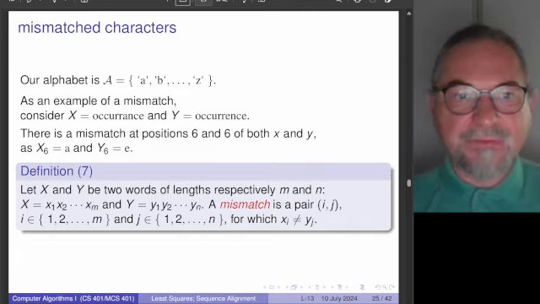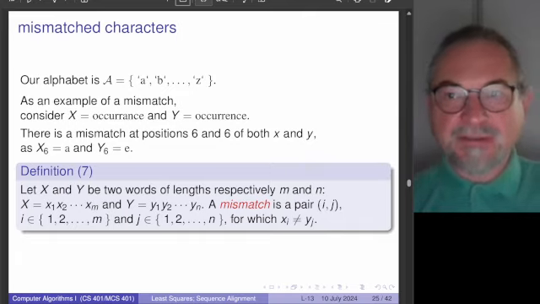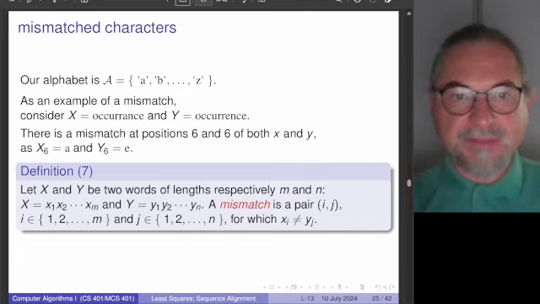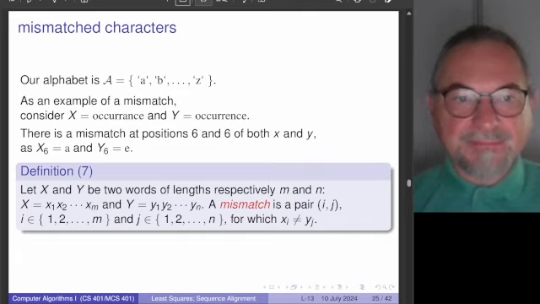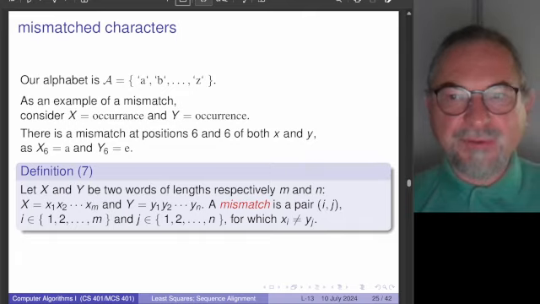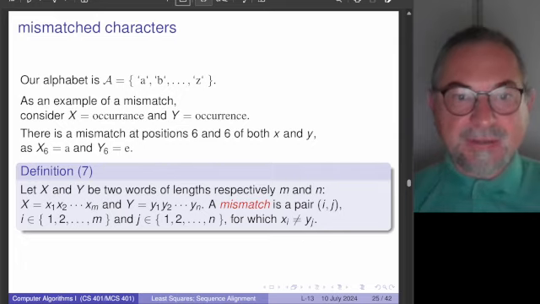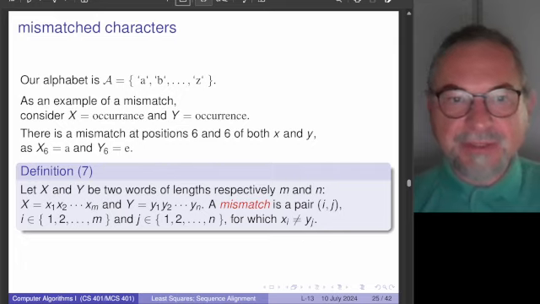Here you see a first example: occurrence, spelled with an E after the R. The misspelling happens when you have at position 6 a different vowel, where you have A instead of E. So we define this to be a mismatch.